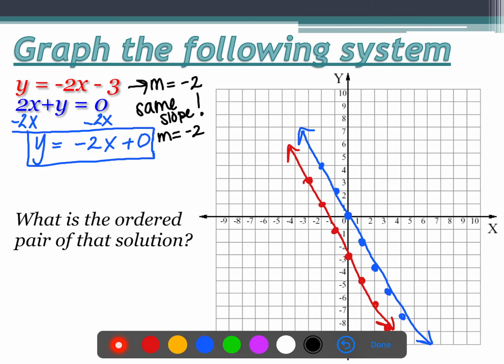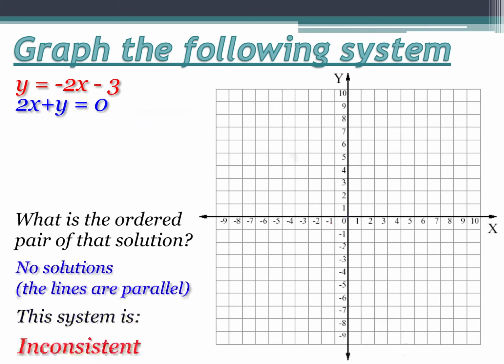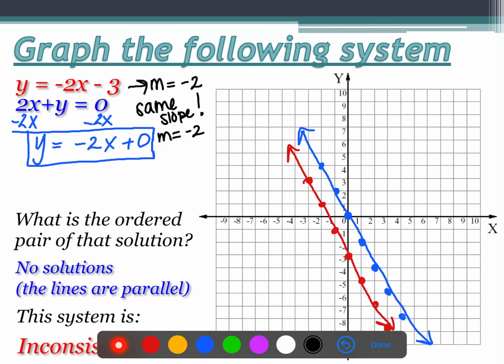Okay, there is no ordered pair because the lines do not intersect. So my solution is no solutions. And we classify a system that is no solution, parallel lines, as inconsistent. Okay, the system is inconsistent because these lines are never going to touch or intersect, and the only way you get a solution is if they intersect.